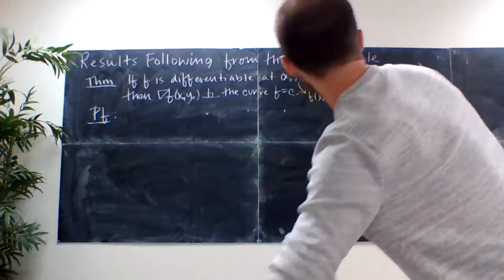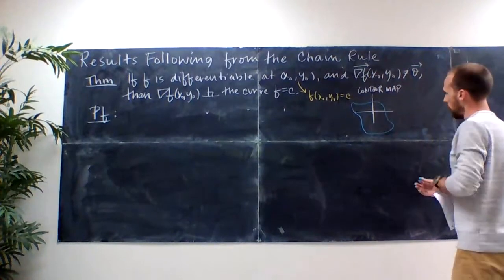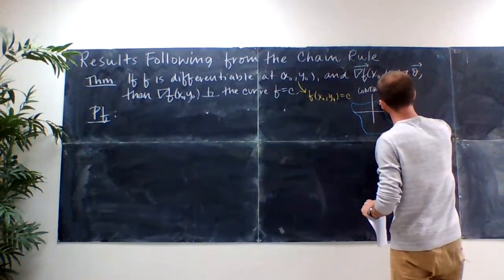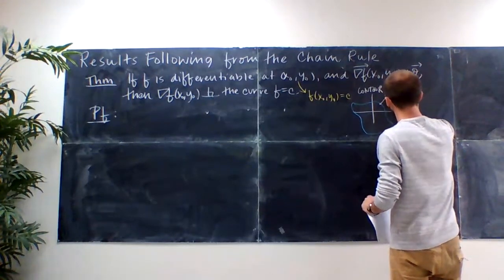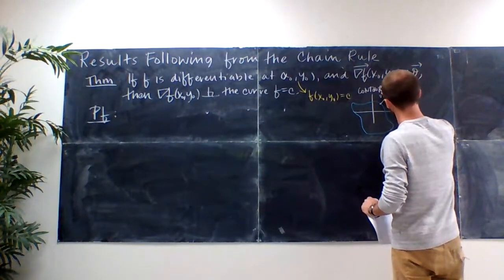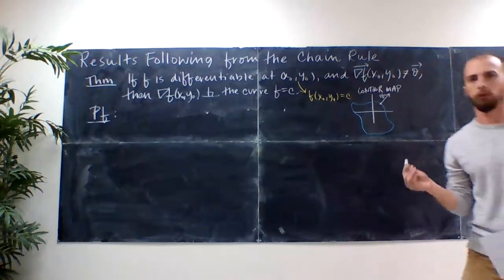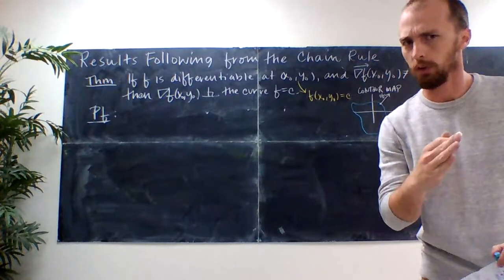What I need is for the gradient at the point I'm interested in to run orthogonal to the level curve. What it's orthogonal to is a line tangent to the curve.